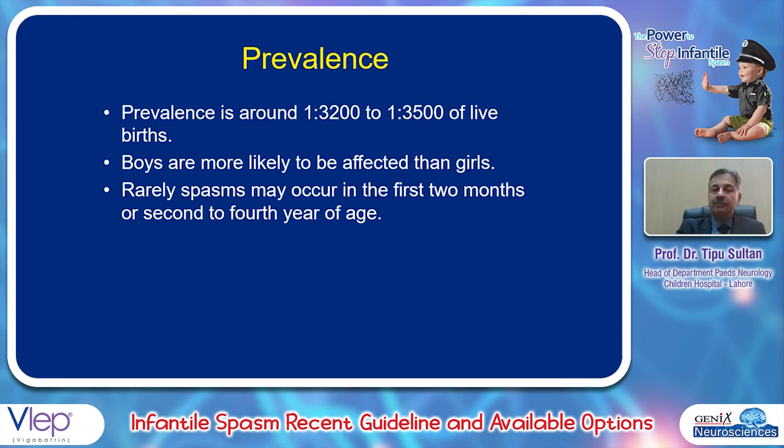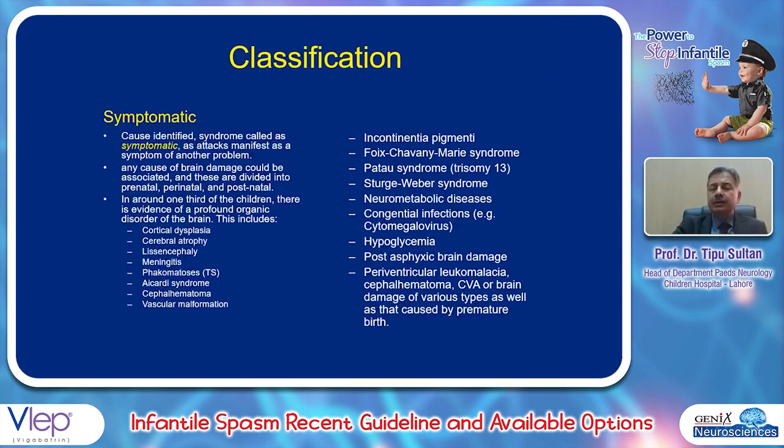In older classification groups, they are classified into symptomatic, cryptogenic and idiopathic. I'll go into the next slide after describing and explaining this. But currently, they are just divided into symptomatic and cryptogenic or idiopathic. Symptomatic are, by definition, those groups of seizures in which a definite cause is found. Any cause which affects the brain and leads to brain damage could be associated with infantile spasms.